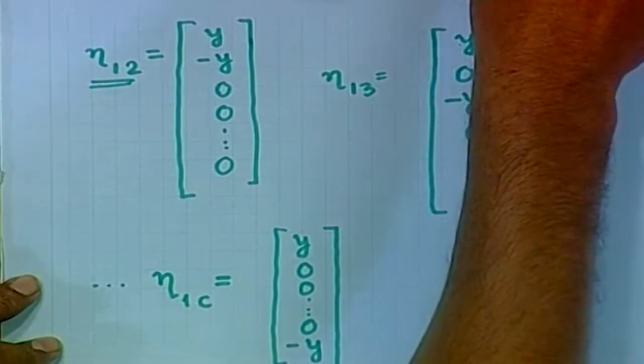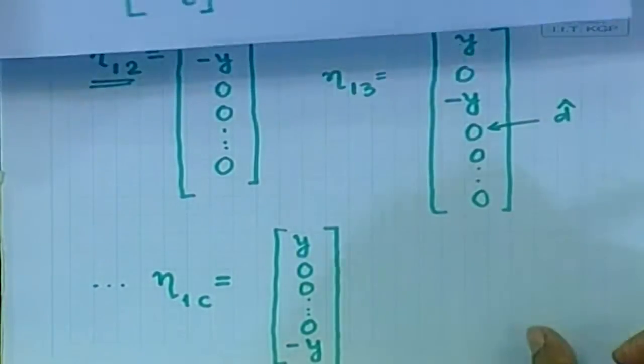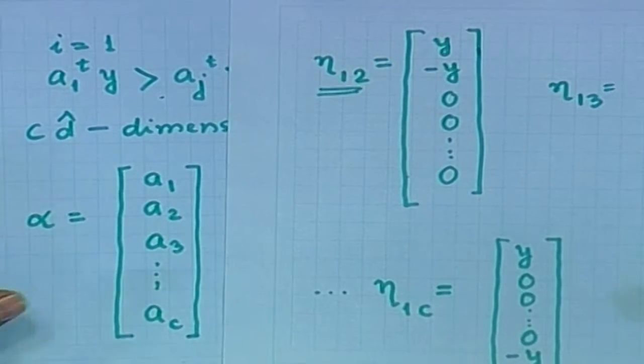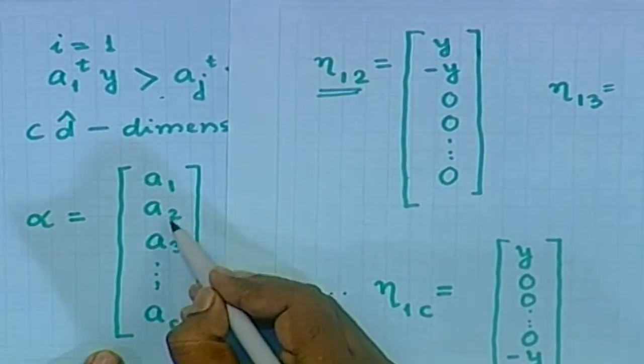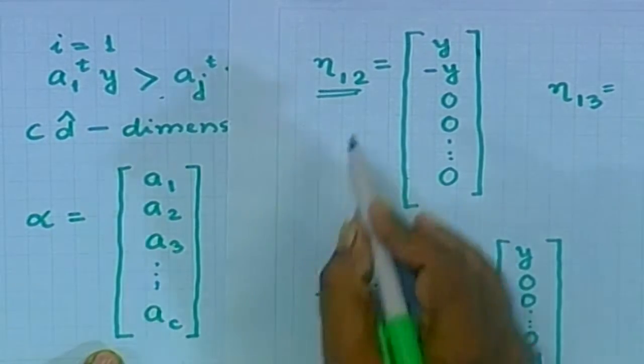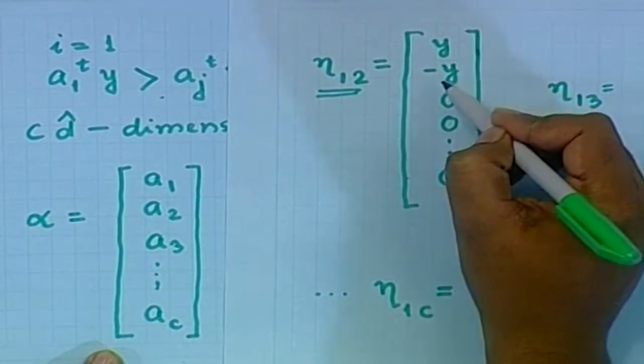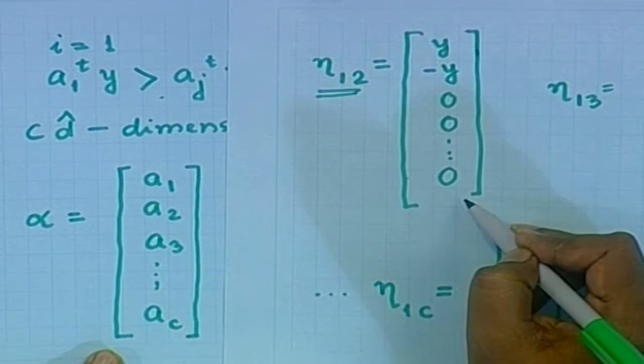Is it not? If I put these two side by side, let us take these two vectors side by side. Alpha is y a1, a2, a3 up to ac. Eta 1 2 is y, minus y, then all components are 0.